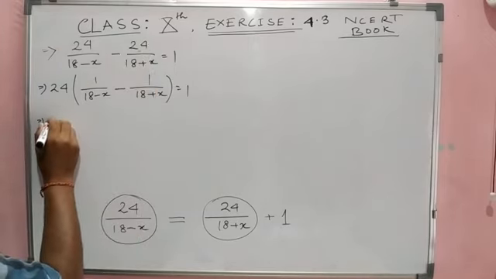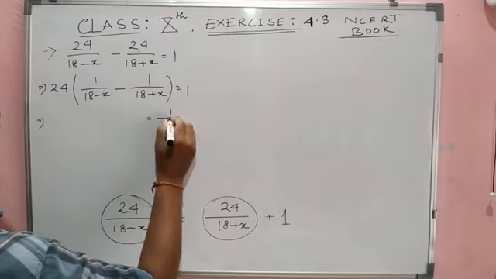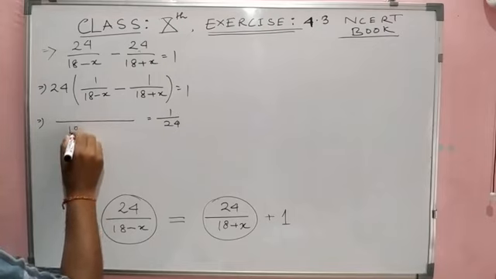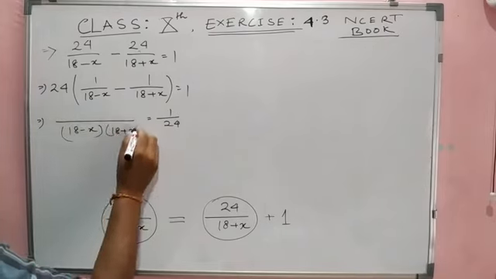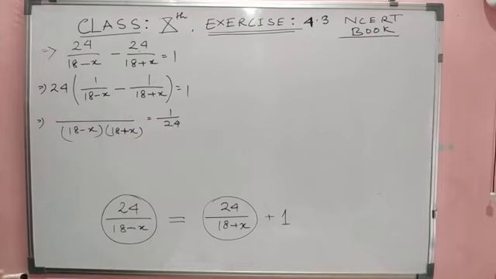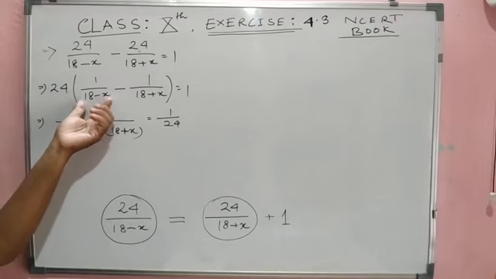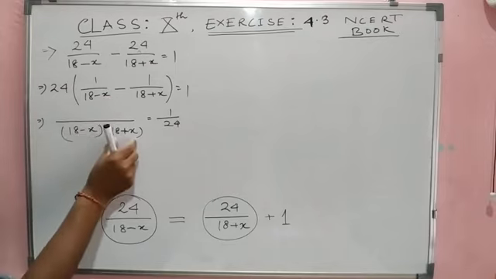Now let us transfer this on this side, so it will be 1 by 24, and let us take here LCM. LCM is 18 minus x whole into 18 plus x. And according to rule, we divide this LCM by this, this will cancel, and this will remain.